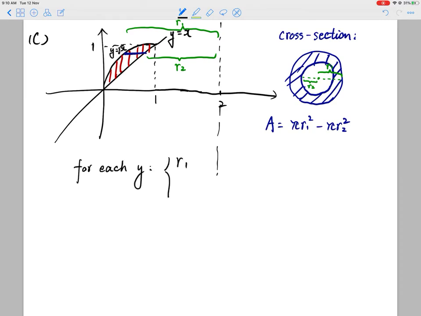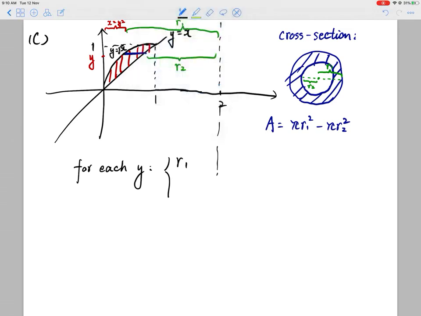If y is given here, then this part is x equals y squared.